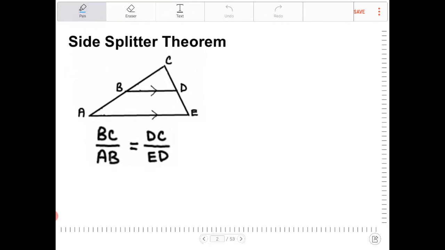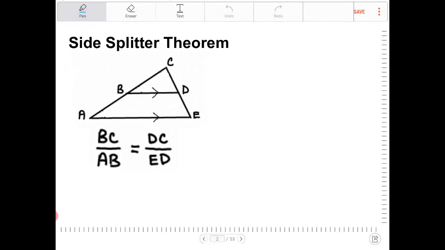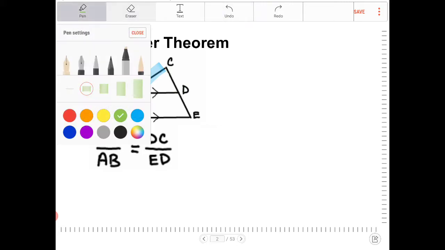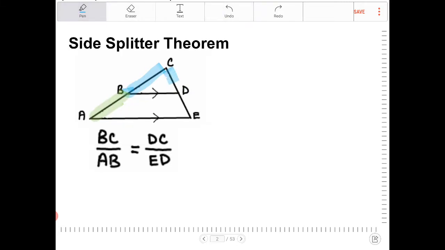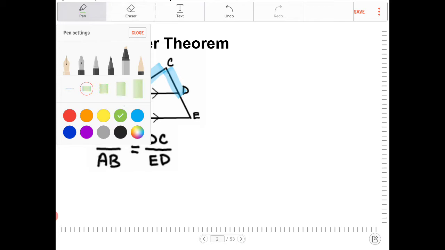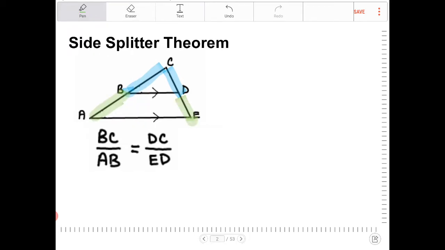This right here is the Sidesplitter Theorem, and it can actually be shown that rather than comparing BC to the overall length of AC, the proportional part BC divided by the smaller segment that's been broken up, AB, is in fact going to be proportional to CD divided by ED.